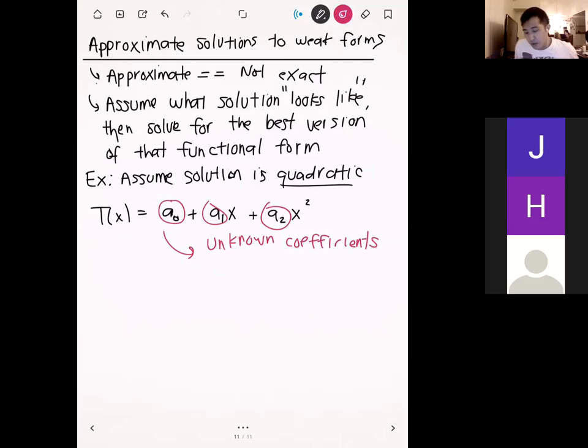What we're going to do is take this form and plug it into our weak form, and then solve for the best values for these coefficients to get us as close to the solution as possible.